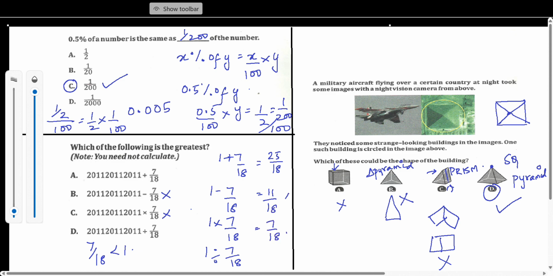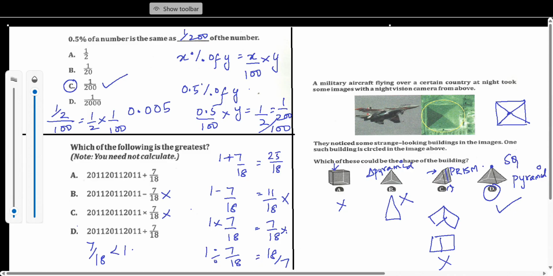So, that's why we clearly ignore these two, which are smaller than the first. This is going to give us 18 by 7. So, 25 by 18 will still give you 1 point something. 18 by 7 is going to give you 2 point something. It's just a comparison to make you understand the implication of dividing a number by a proper fraction. The result will be greatly increased from its original value.